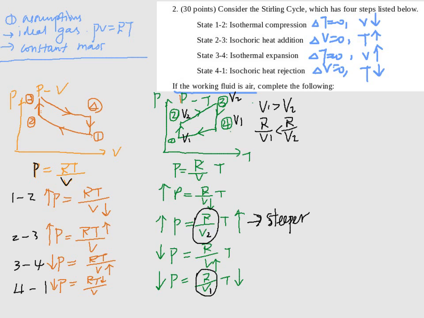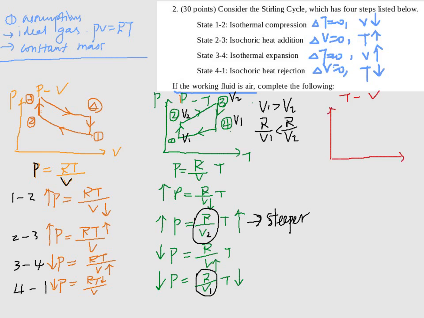All right, moving on, let's take a look at the TV diagram. So the relationship between T and V. This one is relatively straightforward. We can just read off from our translated thermodynamics language.